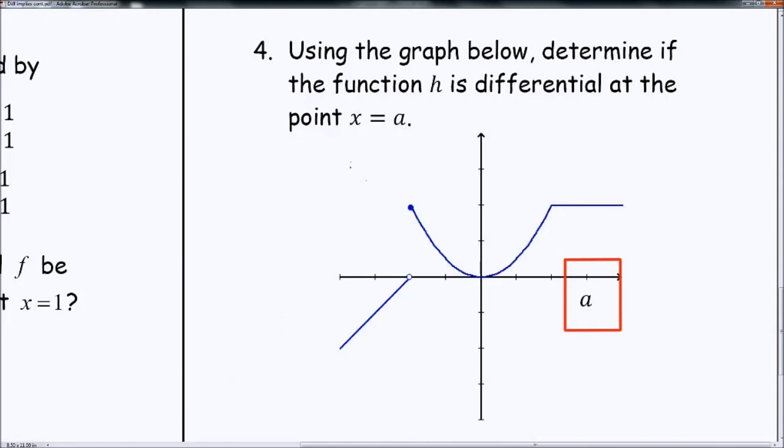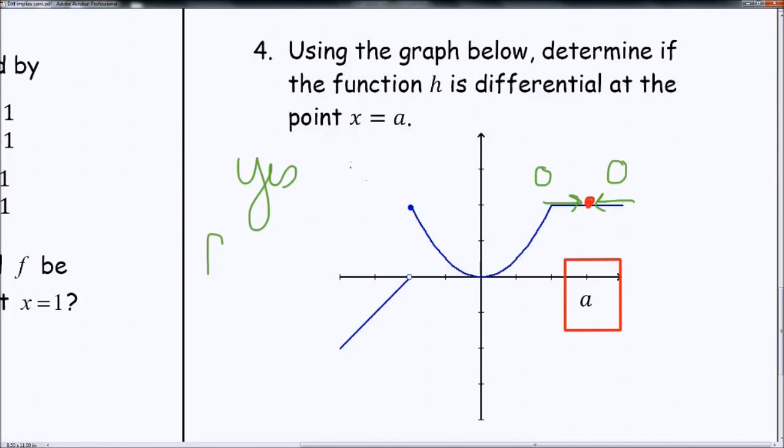But I want to check, does the slope from the left equal the slope from the right? Well, if you notice, what's the slope this way? I hope you get 0. What's the slope this way? Again, I hope you get 0. And so, is the function differentiable at the point x equals a? Yes, it is. It's continuous, which we've already talked about, and it's also differentiable.